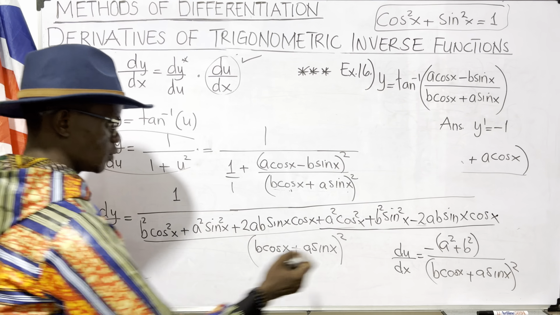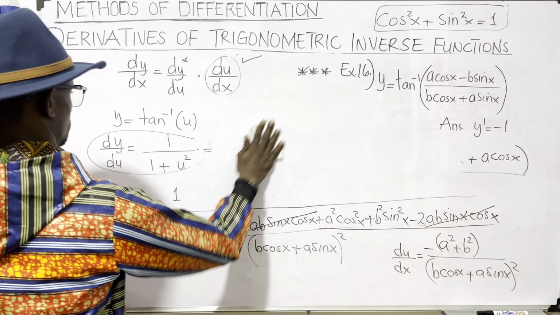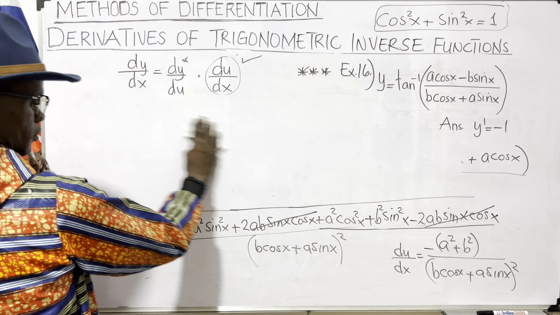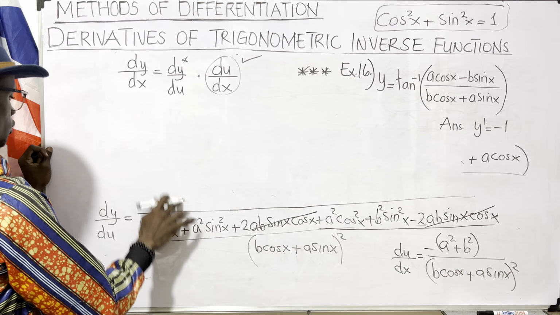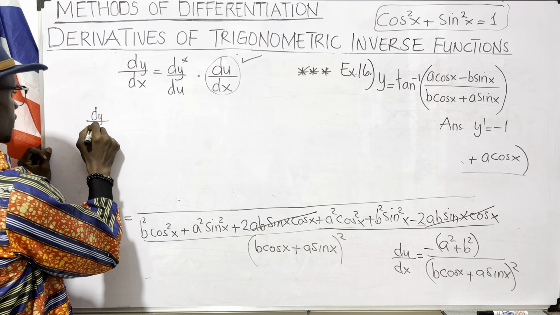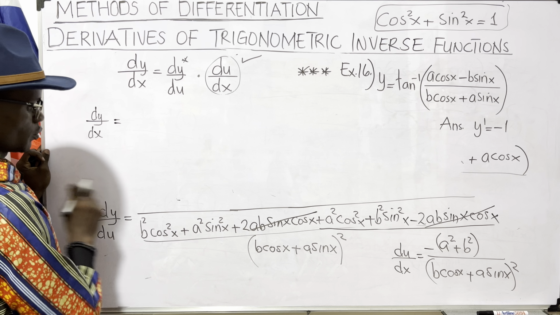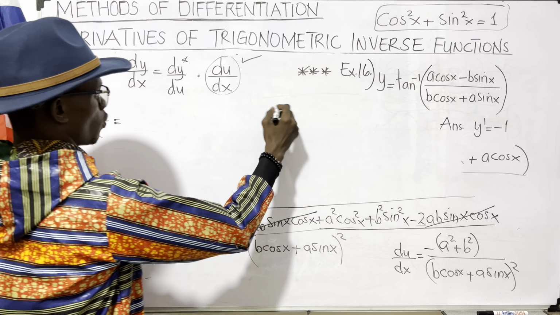Then we now simplify. So dy by dx is now equal to 1 all over. Now look here.